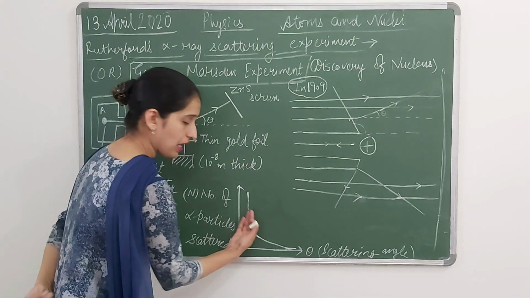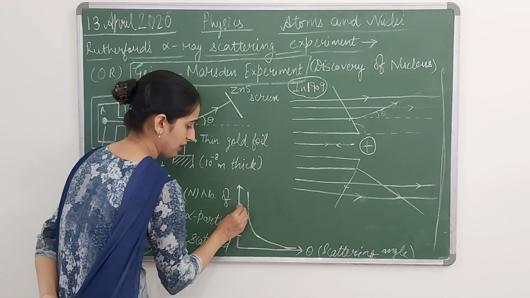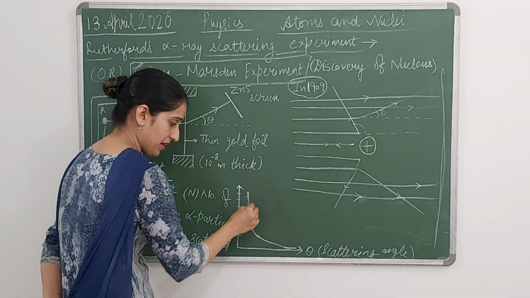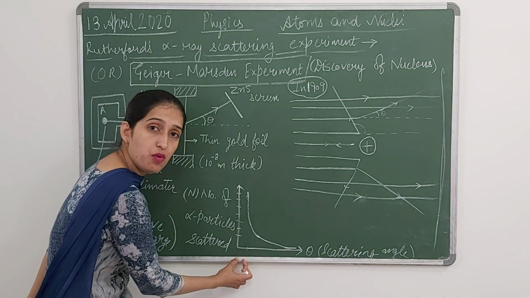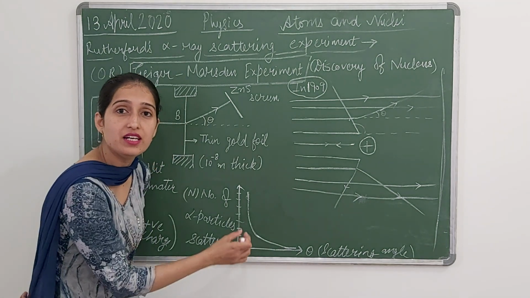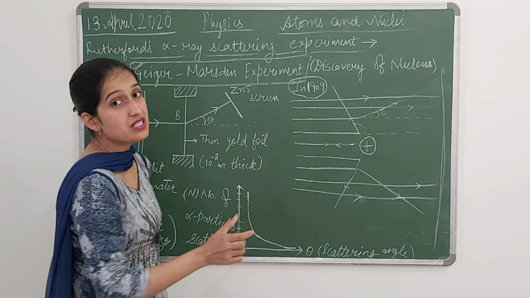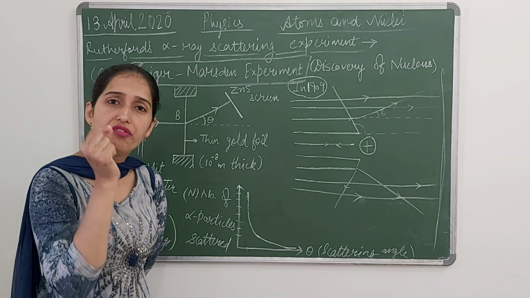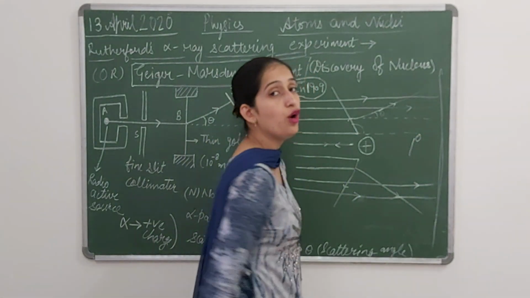Then from the graph it is very clear. Maximum particles will deviate through a very small angle theta, and the number of particles is very large. That means most of the alpha particles deviate through a very small angle of the order of 1 degree only.